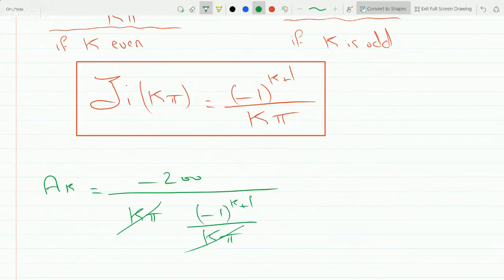So I could cross out these k pi's, and minus 1 to the k plus 1 is either minus 1 or plus 1, so I can equally likely bring it up to the numerator. So this becomes minus 200 times minus 1 to the k plus 1. It doesn't matter if it's minus 1 or plus 1, whether it's in the numerator or denominator, it doesn't make a difference. So this is my a_k, of course.